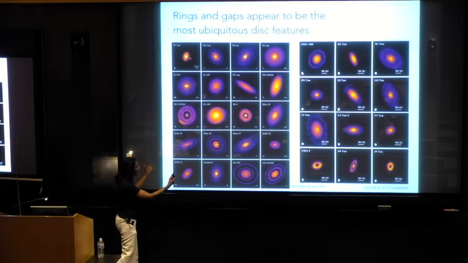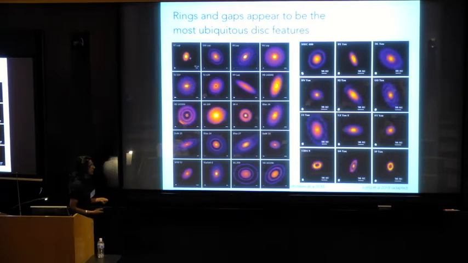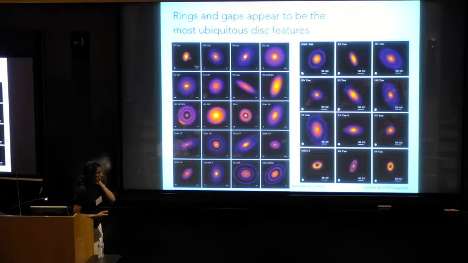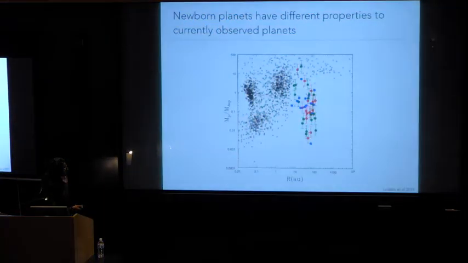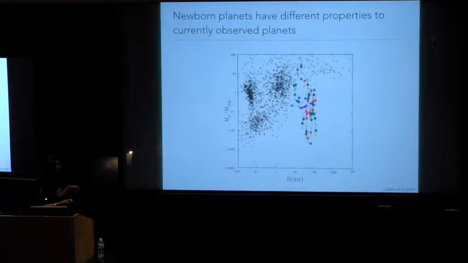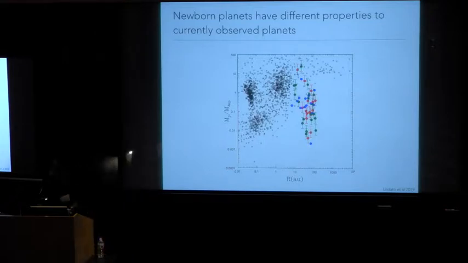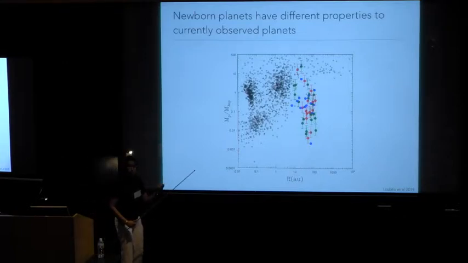So we have some fabulous images that you've seen already in the previous talks. Overwhelmingly, we're seeing gaps and rings in these disks. And of course, one of the obvious possibilities is that these gaps may harbor planets. There was a really nice study by Giuseppe earlier this year, where he put together the planet masses that you can infer if you were to assume that there was a planet in each one of these gaps.